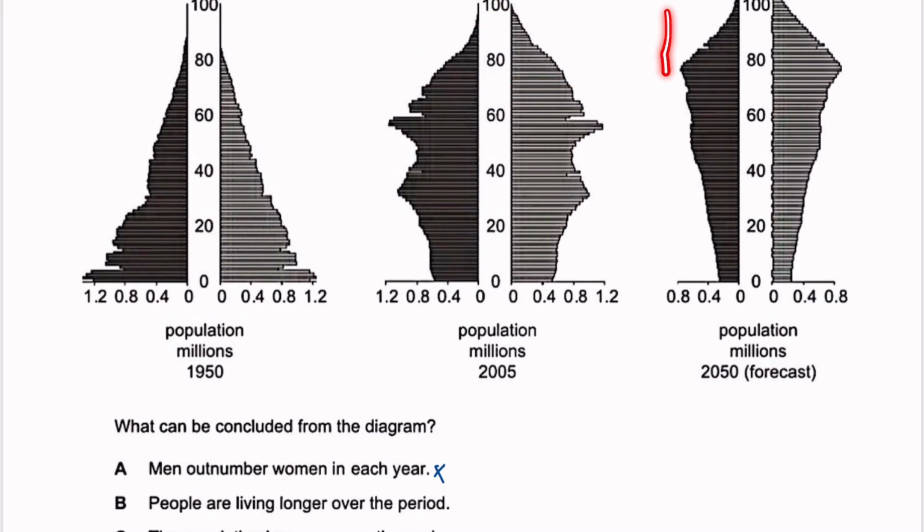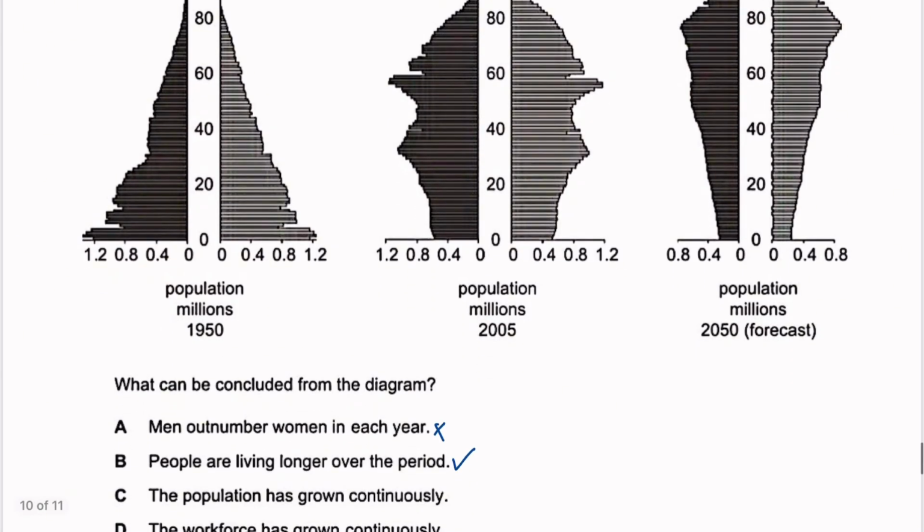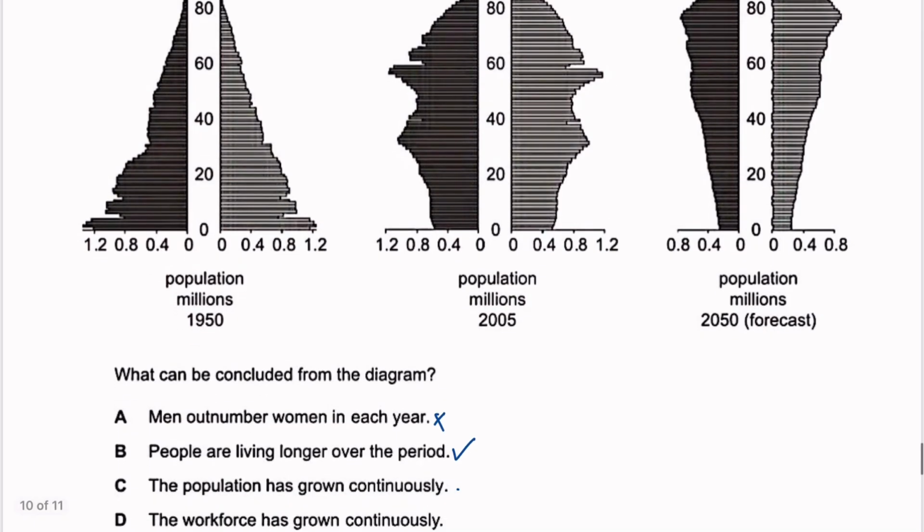Yeah, 2005 and 2050 actually increase. So this means that the country's life expectancy increases. So B is the correct answer. C, population has grown continuously. We do not know that. D, workforce, no. We do not know that as well. So B is the answer.